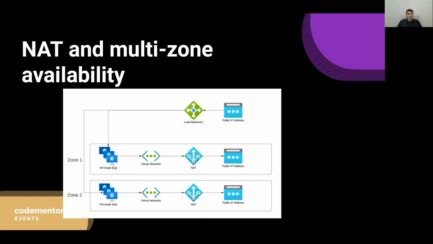Then you create a dedicated virtual network for each node pool and a dedicated NAT gateway associated with this very zone. And in this case, you would get a multi-zone available Kubernetes cluster.